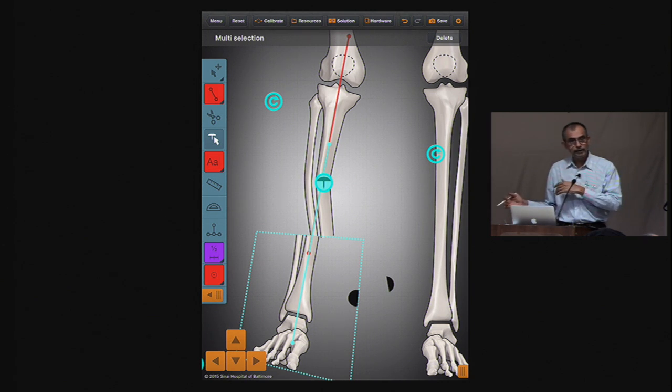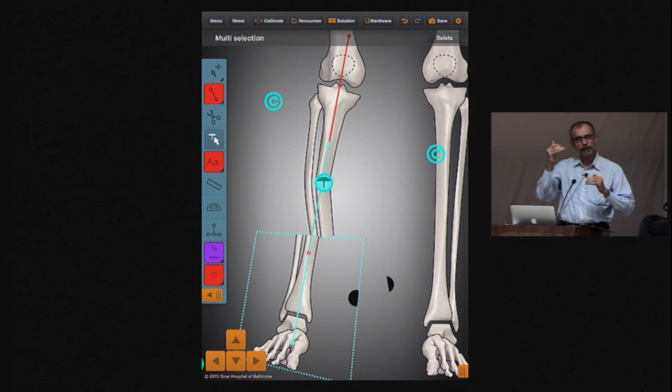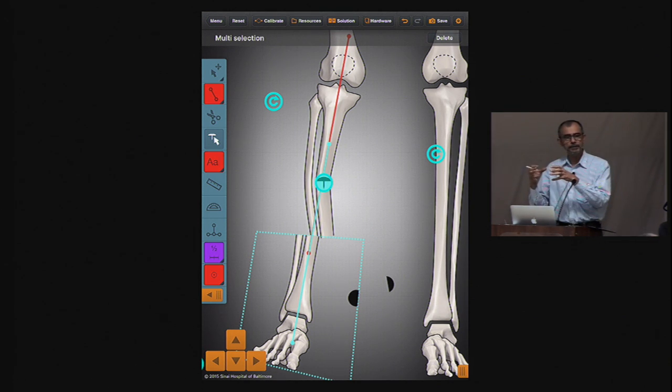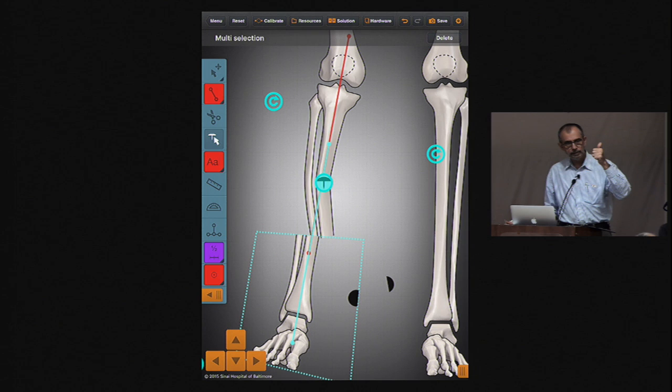So again, if you do the planning, if you do the simulation, you will know that okay, up to here I can do the osteotomy and I will get 50% contact. So I can do the osteotomy up to here and then do the translation. Right? So osteotomy rule number 1 is, if the hinge, and by hinge I don't mean only an Ilizarov hinge.